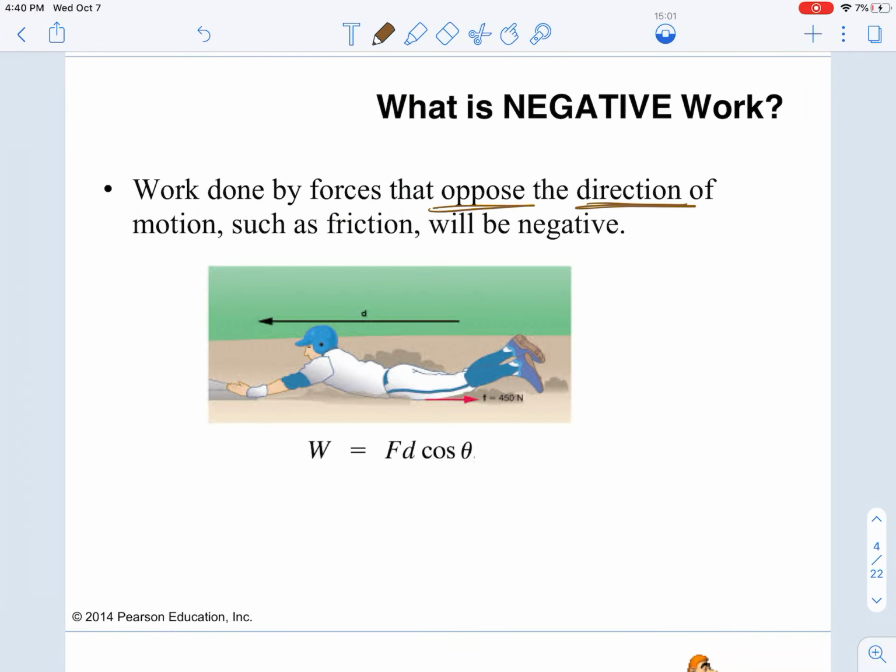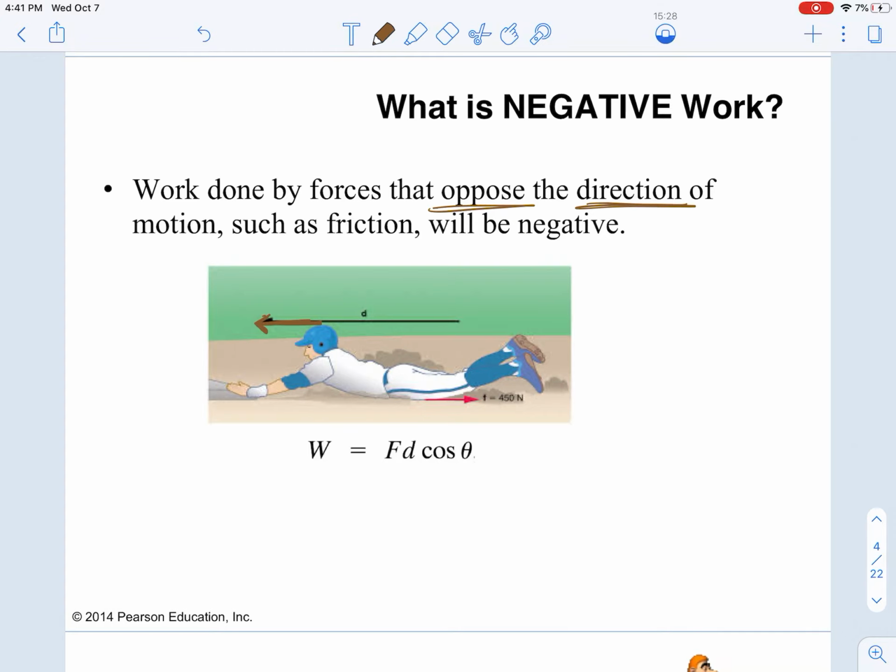Okay, so let's look at this illustration of our baseball player. We're going to say that our guy is sliding into second base. So the guy is running, he's applying a force to move himself forward, but then when he slides, he's no longer pressing with his foot against the ground to move him forward. Instead, it's his inertia that's taking him forward. So we have some displacement, and that is indicated here.